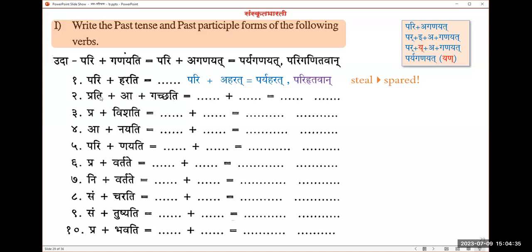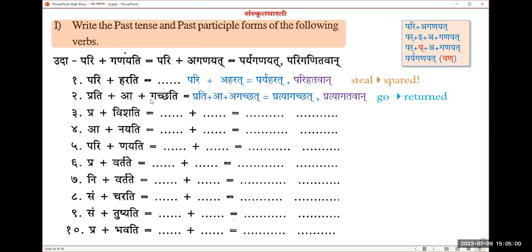So even in lat lakara, you get pratyagachati. And here a is added to agachat, so it will become pratyagachat. Prati plus agachat becomes pratyagachat. And also the ktavatu? Pratyagatavan, correct.